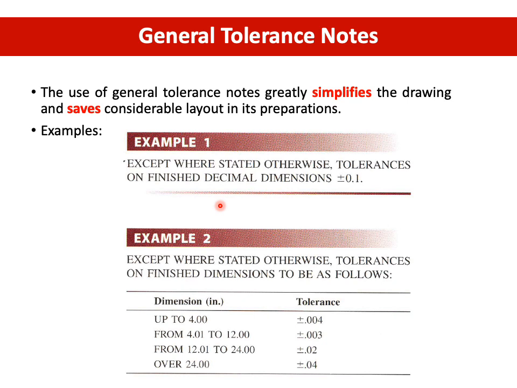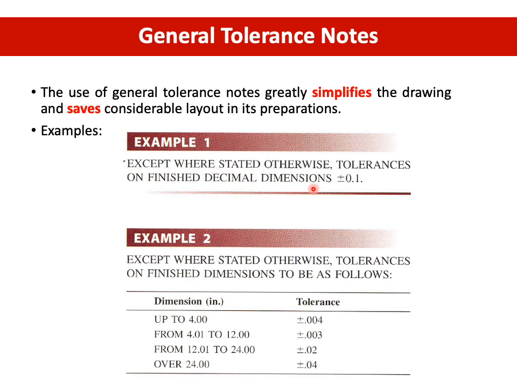If you apply only one decimal place, or you have one tolerance limit, you can put general tolerance notes. Here's an example where you just put: except where stated otherwise, the tolerance on finished decimal dimensions is plus minus 0.1.